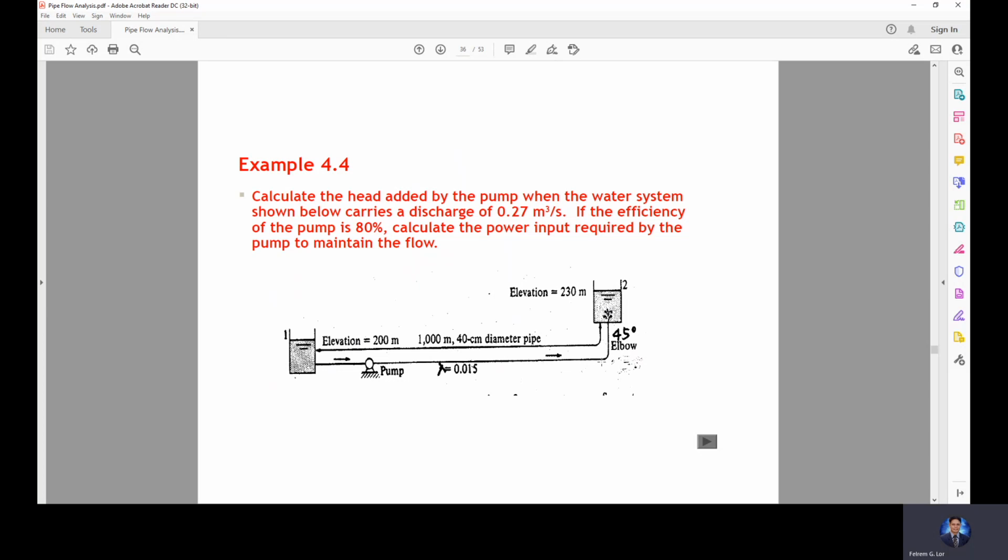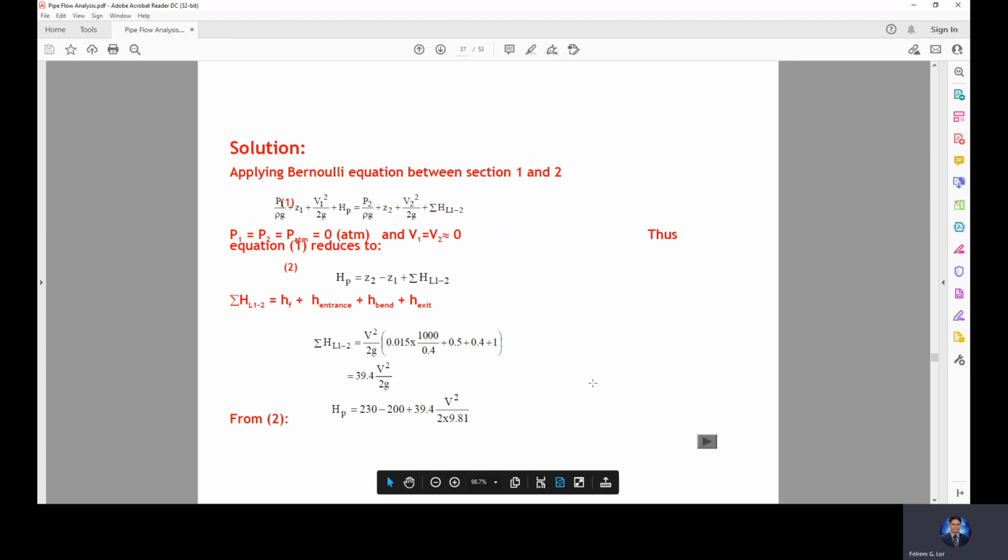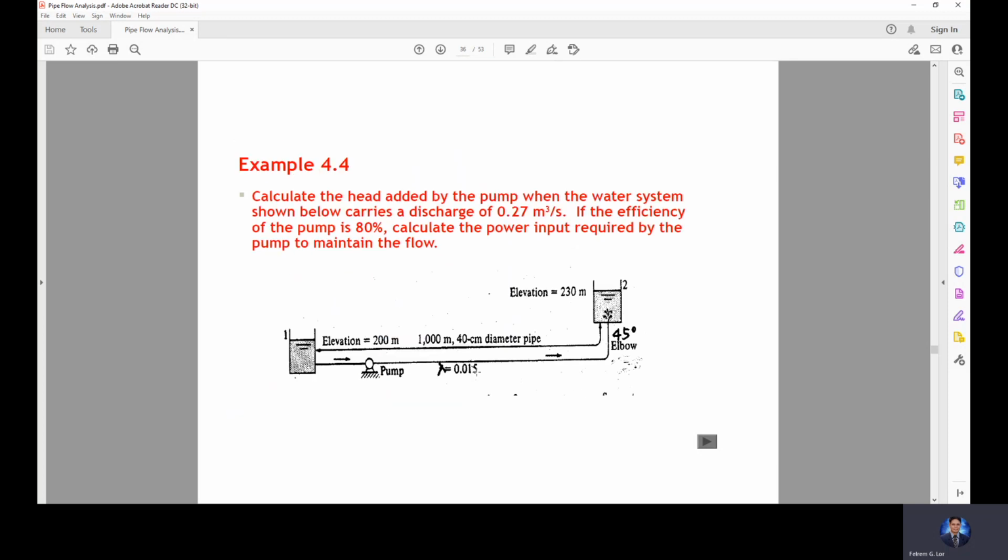I don't know if this minor loss is to be included in the computation. In this case, we can just neglect the minor loss. Anyway, let's look at the example. Applying Bernoulli's equation, look at point 1. We'll just assume that this is point 1.